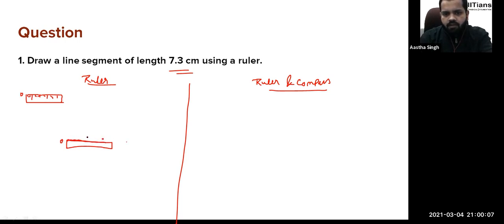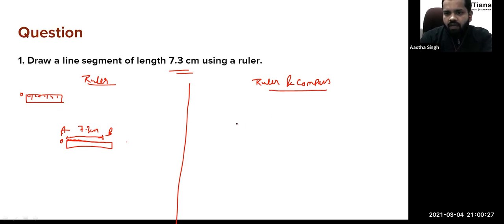Suppose here is your 7.3 centimeter. So this is A and B, and this is your 7.3 centimeter length. It is that easy, right? Just take a length of 7.3 centimeter with the help of your ruler.